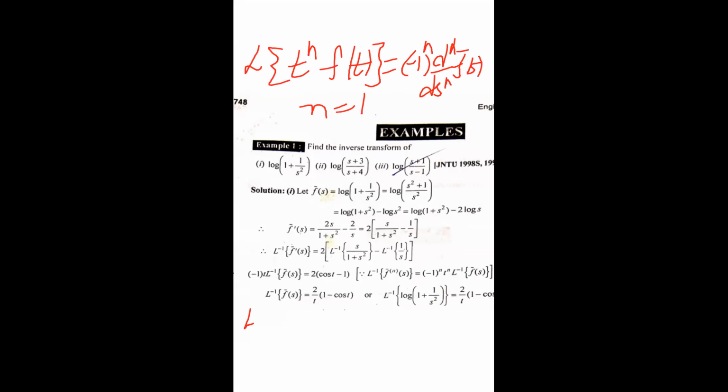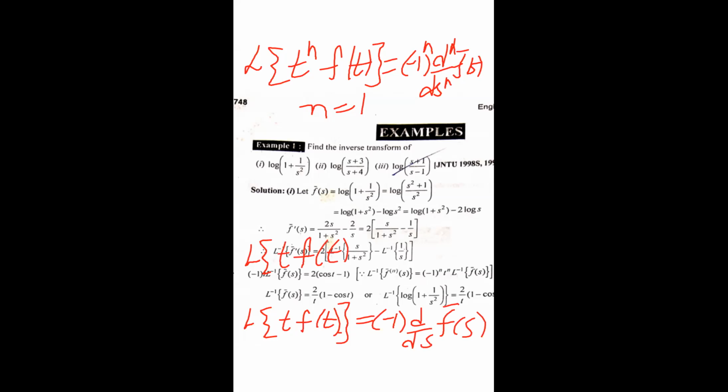So L of t into f of t is equal to minus 1 power 1, that is minus 1, d power 1 by ds power 1 of f bar of s. This equation is also written as L of t into f of t equals minus f dash of s, where d by ds, derivative, is shortcut f dash of s.